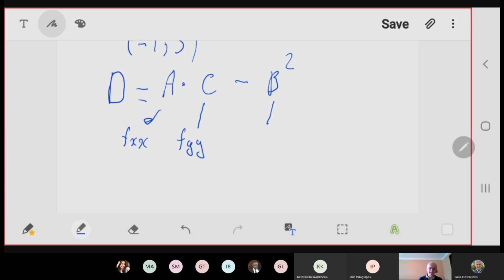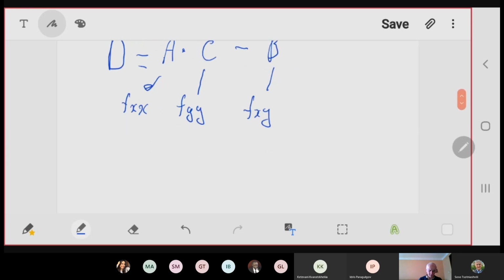Mixed meaning that first we find the partial derivative respect x, and then after that we find the partial derivative respect y. So we can denote it by f_xy.